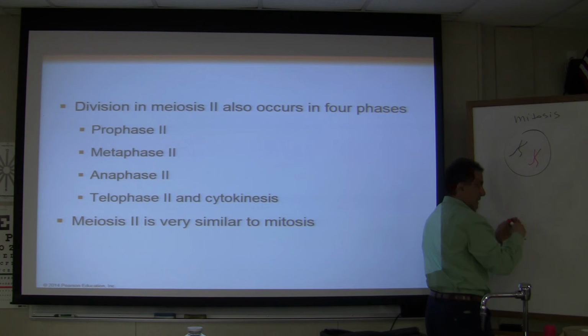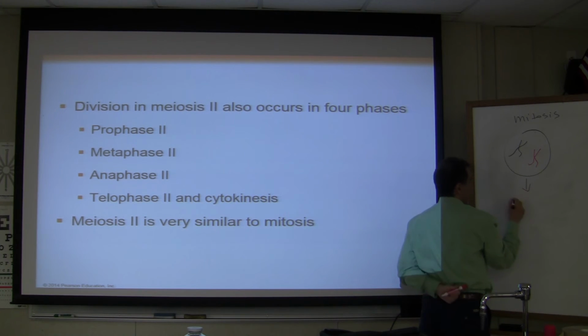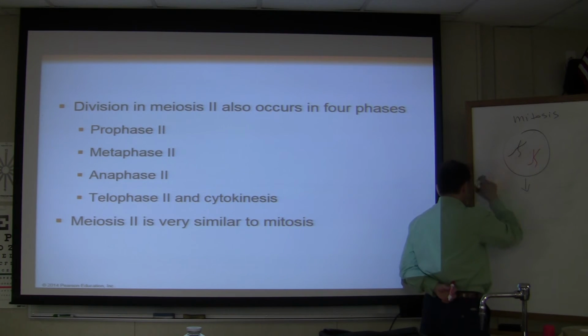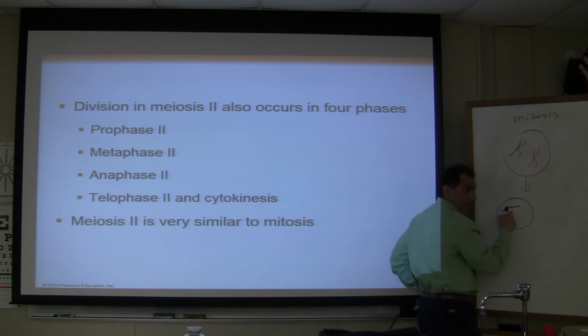What happens in mitosis, they line up in the middle of the cell, and then this cell will have one black and one red.